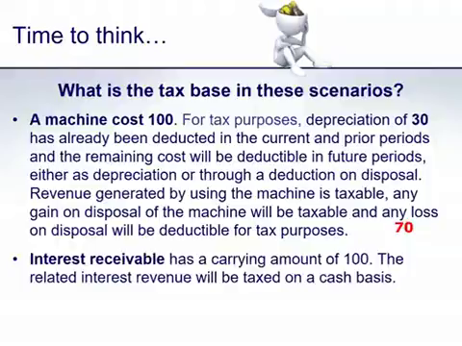In our next example, we have interest receivable with a carrying amount of 100. The related interest revenue will be taxed on a cash basis. Once again, the definition of a tax base is the amount of future deductions. When the entity recovers this 100, what will be the amount of future deductions that it can claim as it recovers this carrying amount?